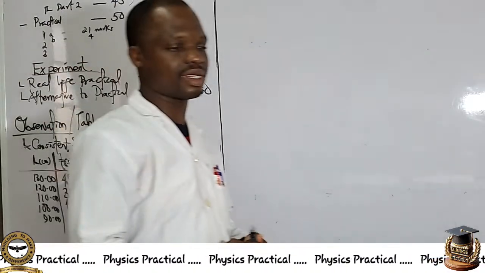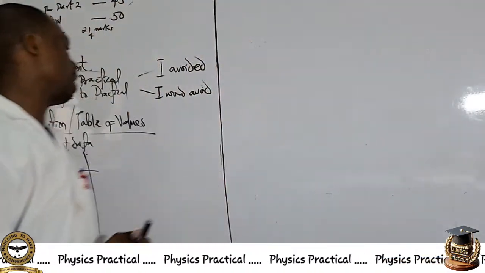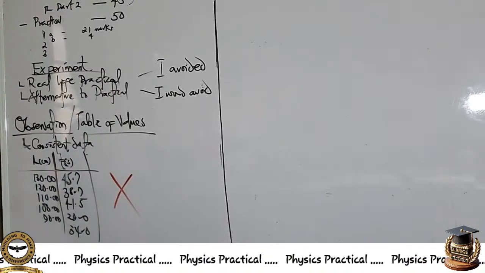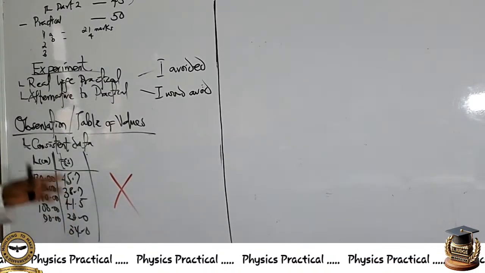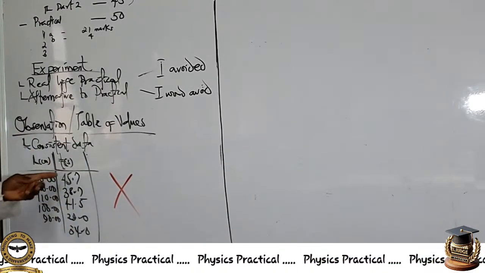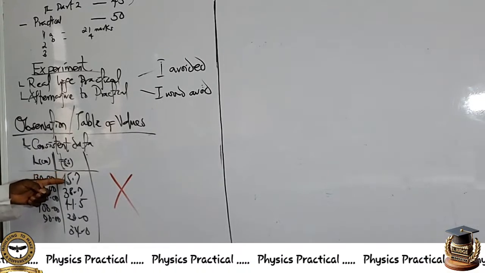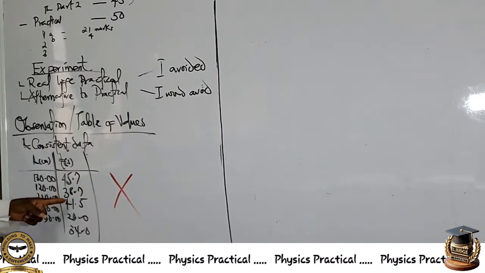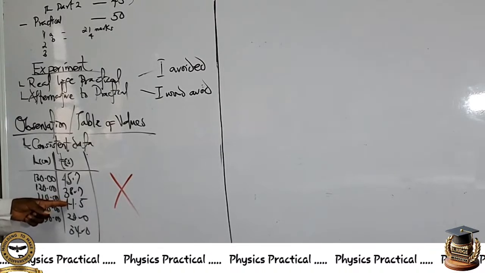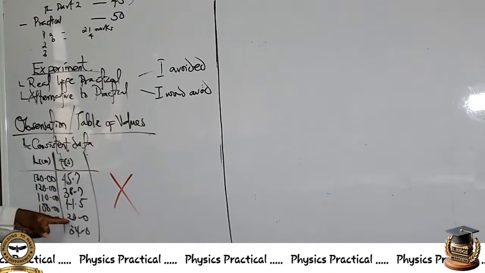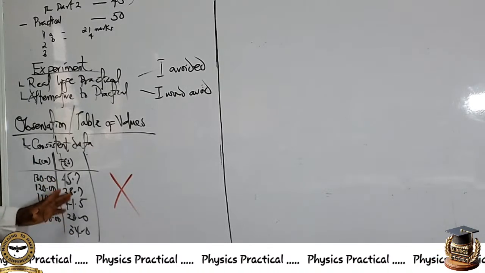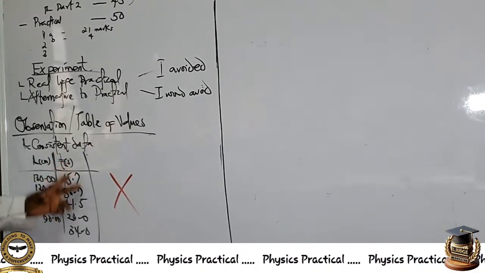This kind of data is going to be marked wrong because this data is not consistent. You can see it was decreasing, it decreased to this, then you just saw an increase again. An increase, a decrease, an increase. So this is not the kind of practical that will be accepted.